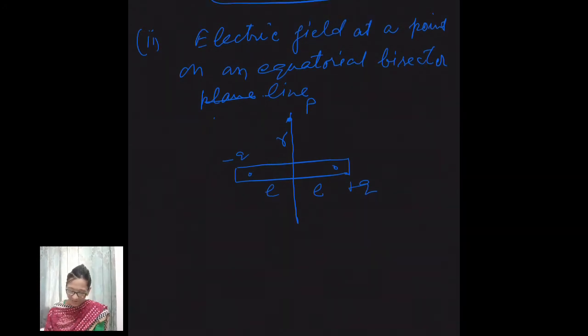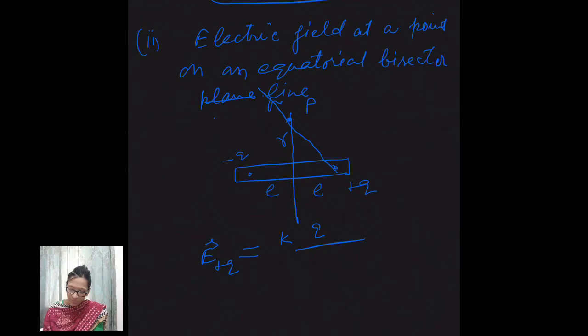So electric field due to positive charge, and we know that it is along radially outward direction, along this direction. So electric field due to positive charge will be equal to K into Q upon the square of this distance. Means this is hypotenuse.